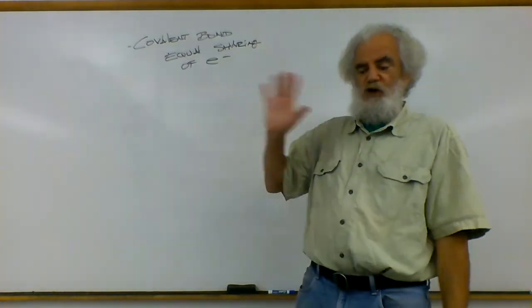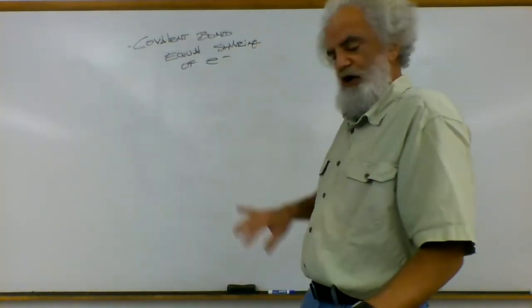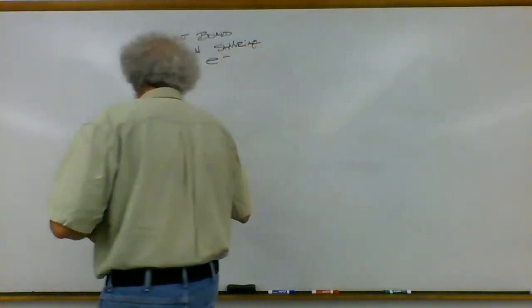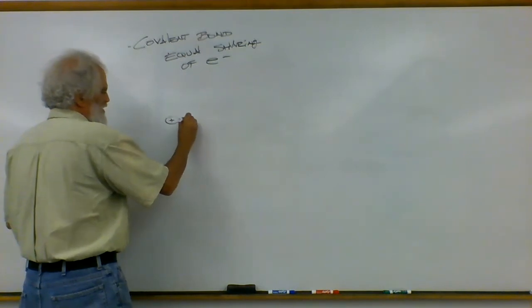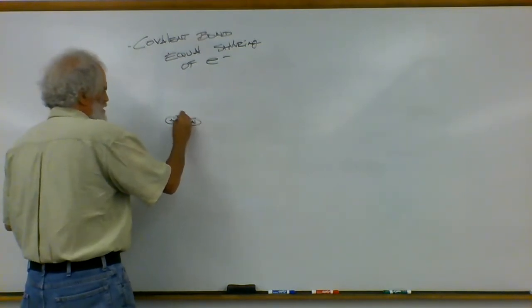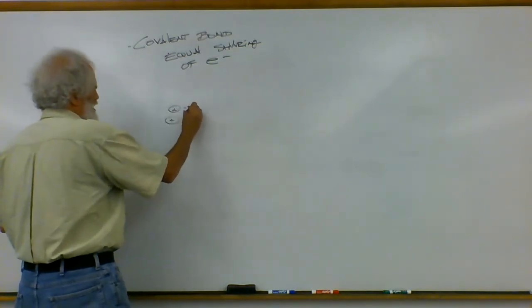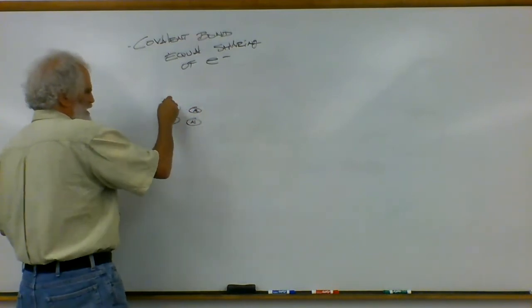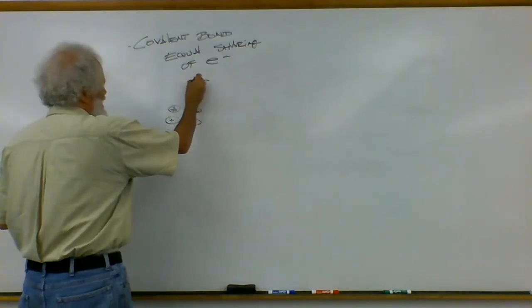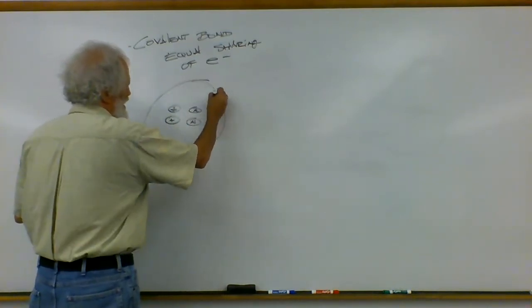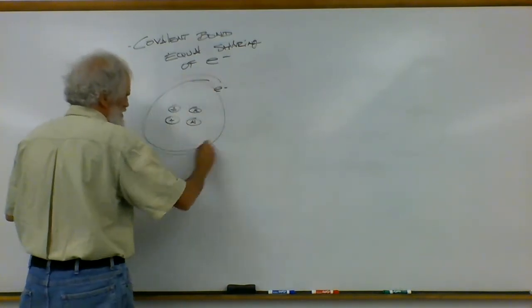Now, a covalent bond is equal sharing. Essentially what we've got is an atomic nucleus. We'll make a helium atom. So we've got 2 protons and 2 neutrons, and here's the electron zooming around.